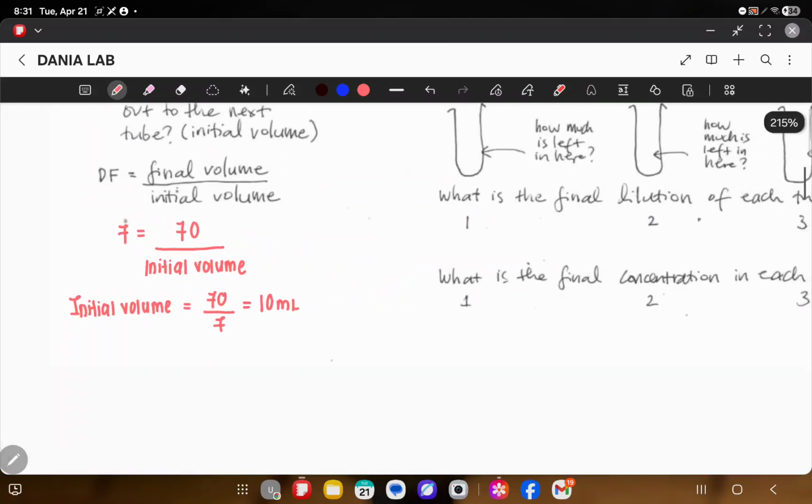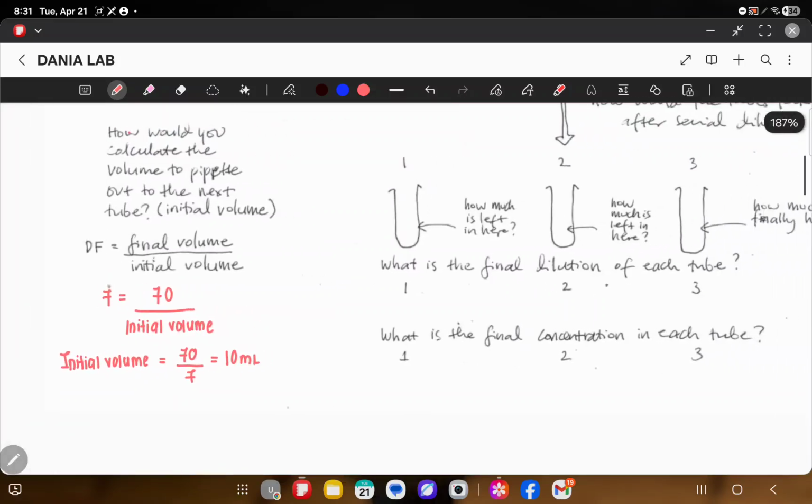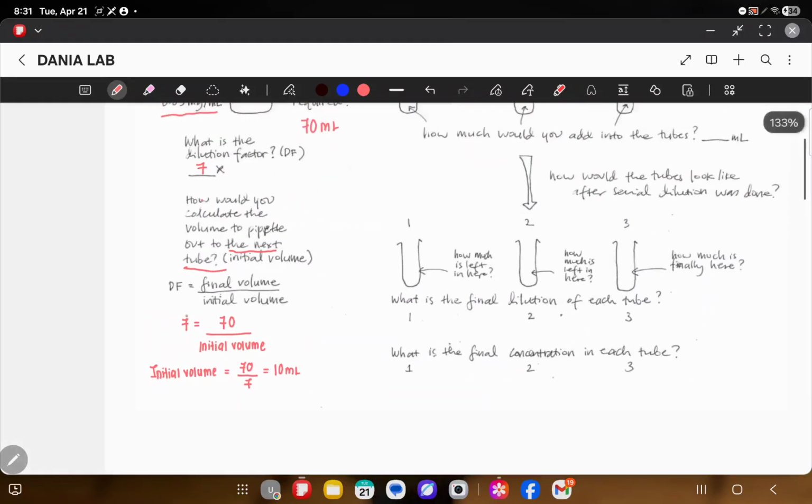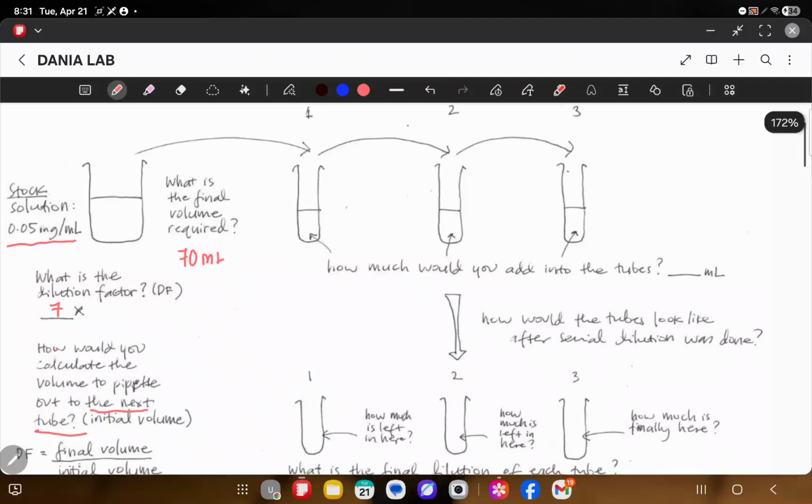So I need to pipette 10 ml from the previous tube into the next tube. Then I add distilled water to make a total of 70 ml. So how much would I add into the tube is 60 ml of water.